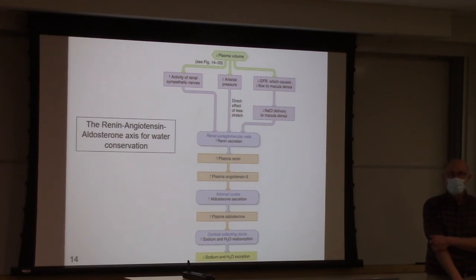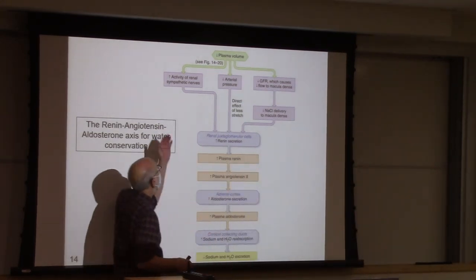Hemorrhage? Bleeding? Okay, you've given blood, but that's essentially the same as bleeding. What else? One more thing that we've been talking about for an hour that would lead to low blood volume. Dehydration. So low blood volume could come from dehydration or from loss of blood.